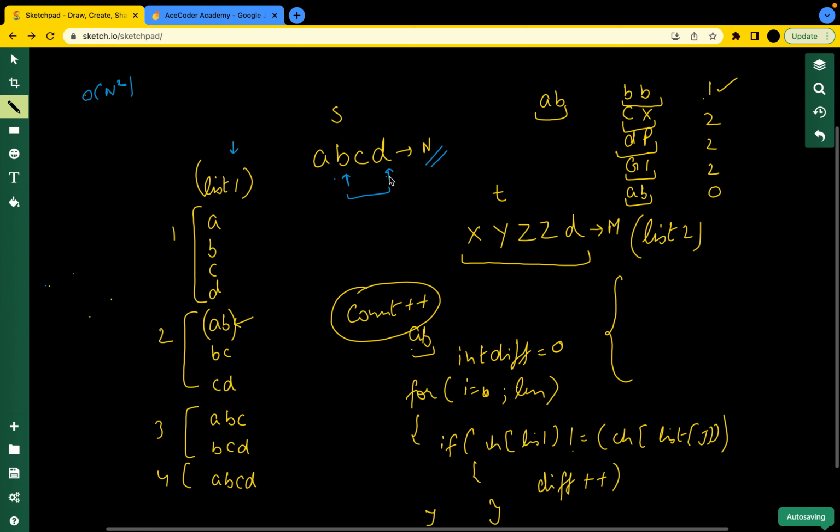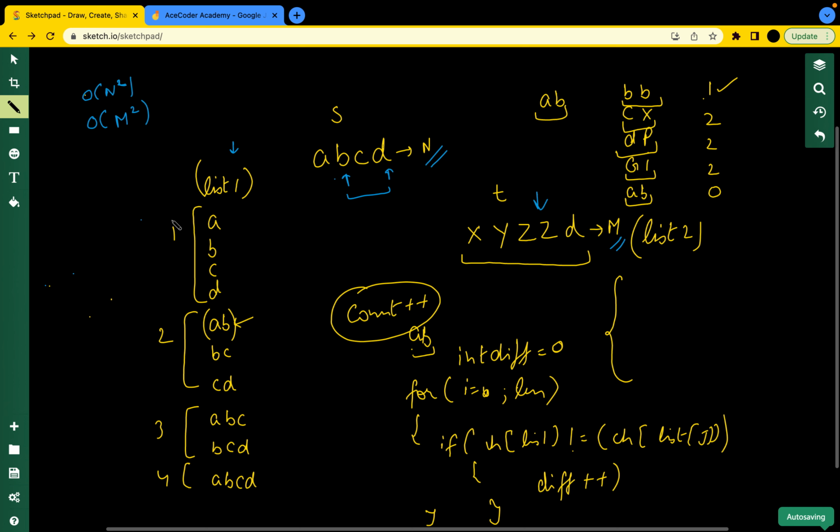Because there are two indices that we need to iterate upon, so two for loops, hence n square. And similar will be the case for the string T, whose size is m, so O of m square.